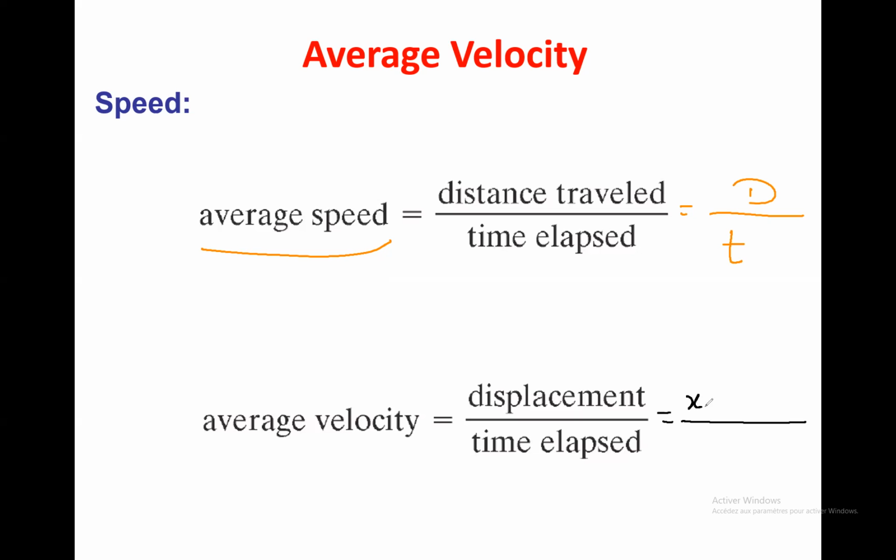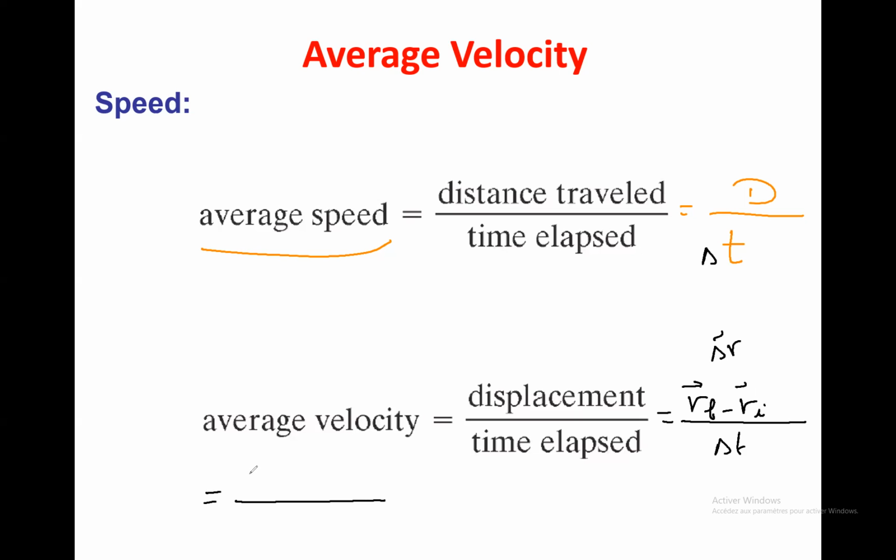In two dimensions, displacement equals r final minus r initial. It's delta r, divided by delta t. You can say here is delta t between them. You know this quantity if you want to write it in detail.